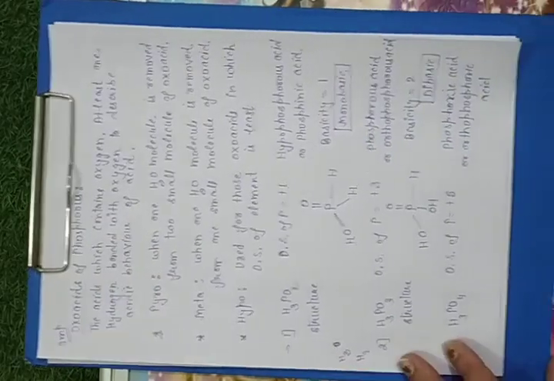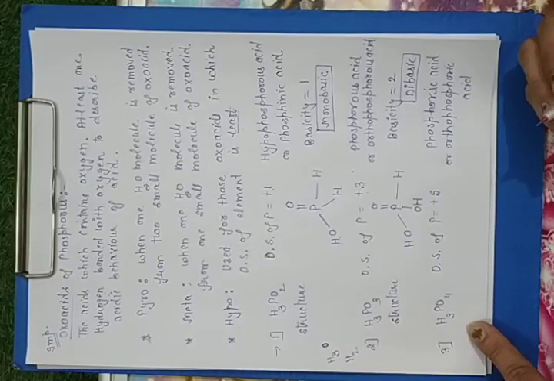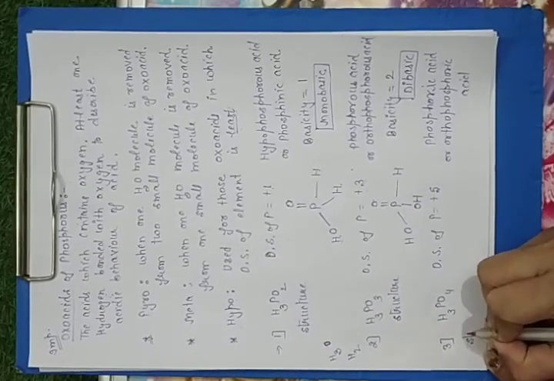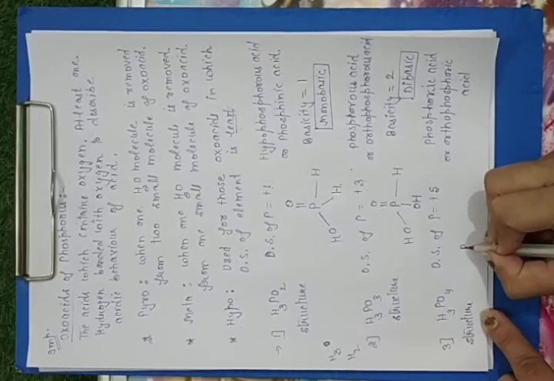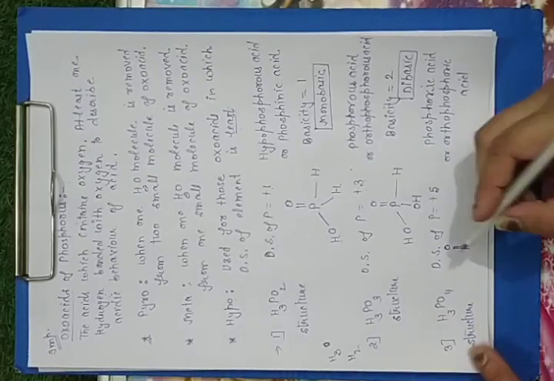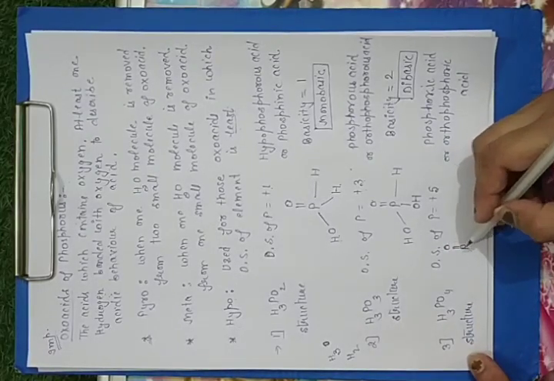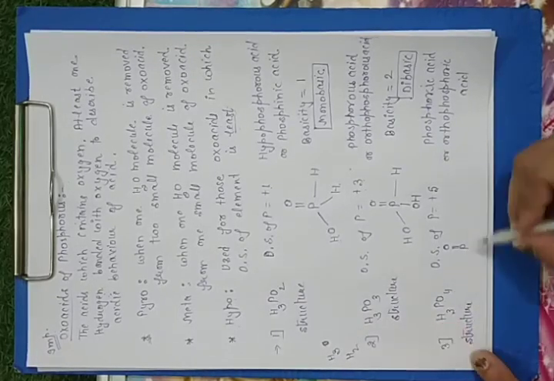Isn't it? And for phosphoric acid, about its structure, here is the central atom. After putting these 2 elements, we are still remaining with 3 atoms of hydrogen and 3 atoms of oxygen.